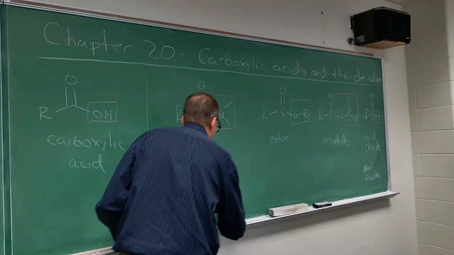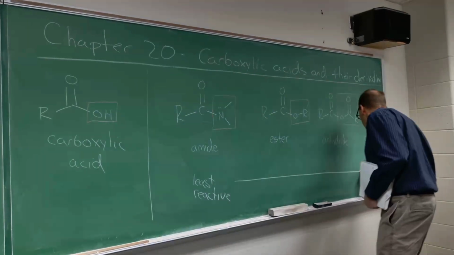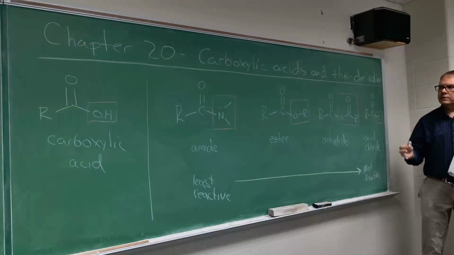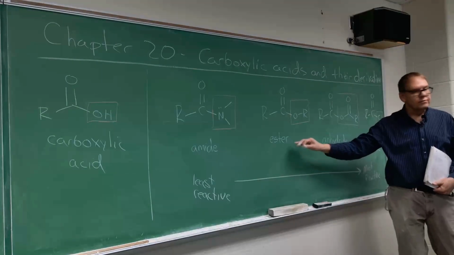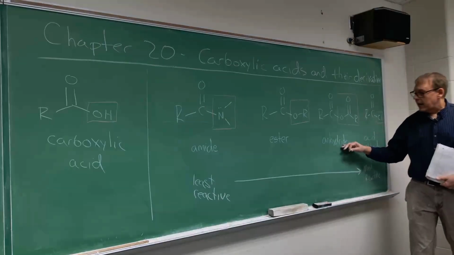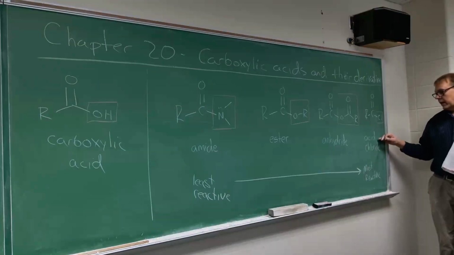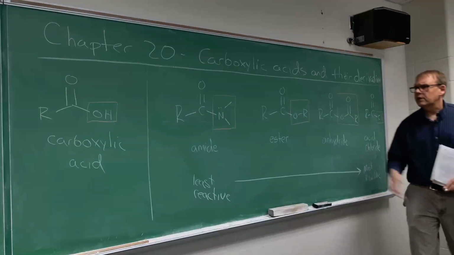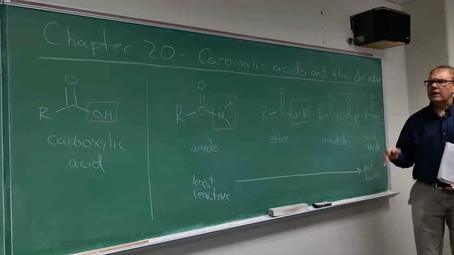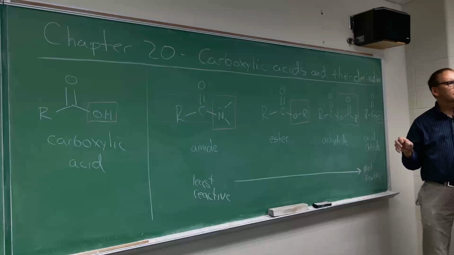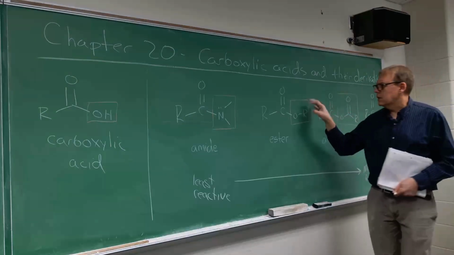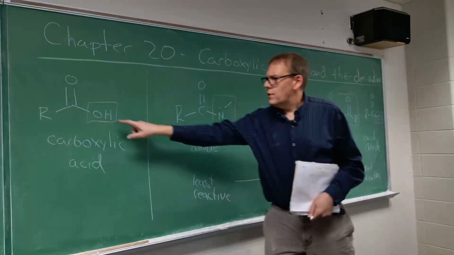They're arranged in the order that I'm showing here. So amide is least reactive, ester is more reactive, anhydride is more reactive, and acid chloride is even more reactive, the most reactive. And carboxylic acids fit in somewhere near esters, but it's kind of complicated with carboxylic acids because they not only have this group that I've highlighted in orange, but they also have an acidic proton.